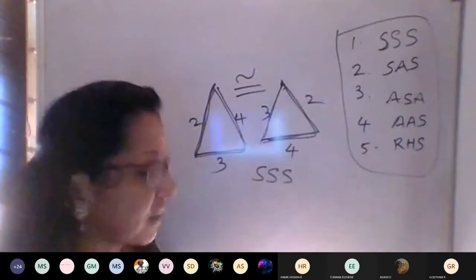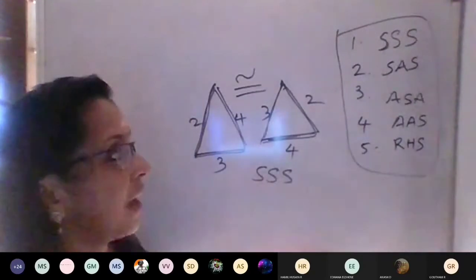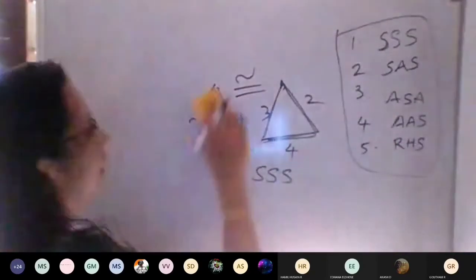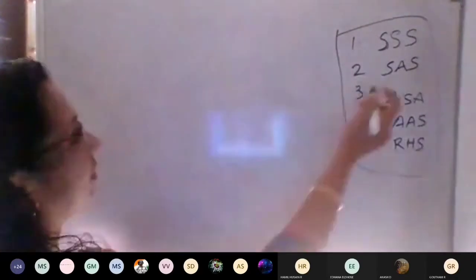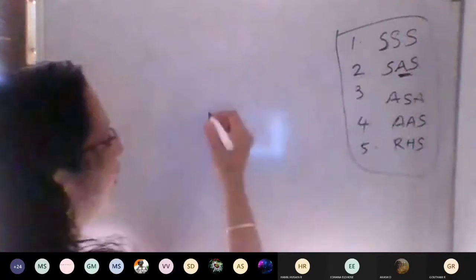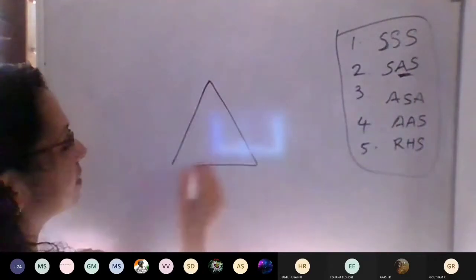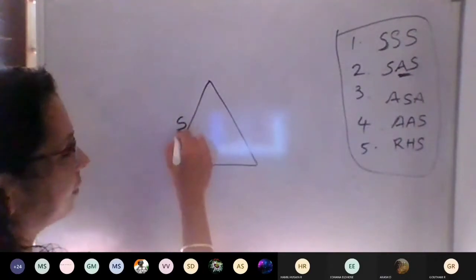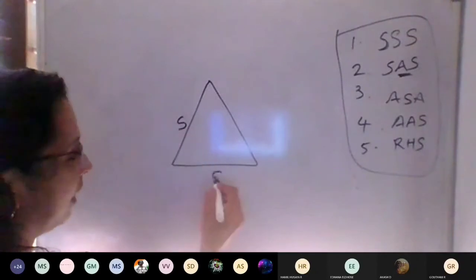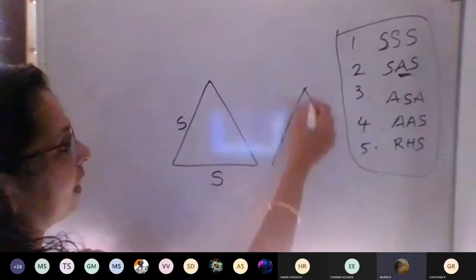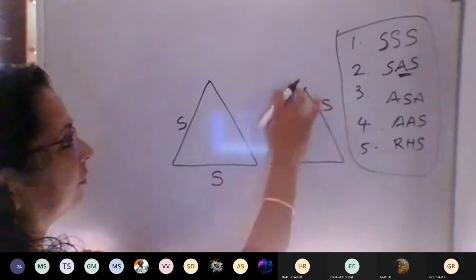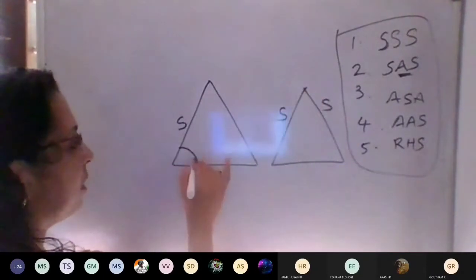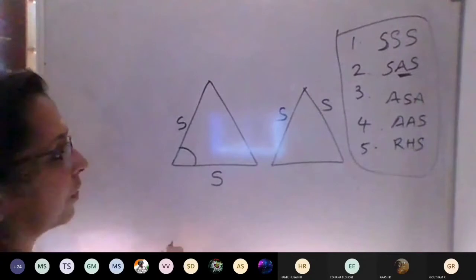The next one, SAS. That means two sides and the included angle. The angle is in the center. So two sides and an angle, and the angle should lie in between these two sides.